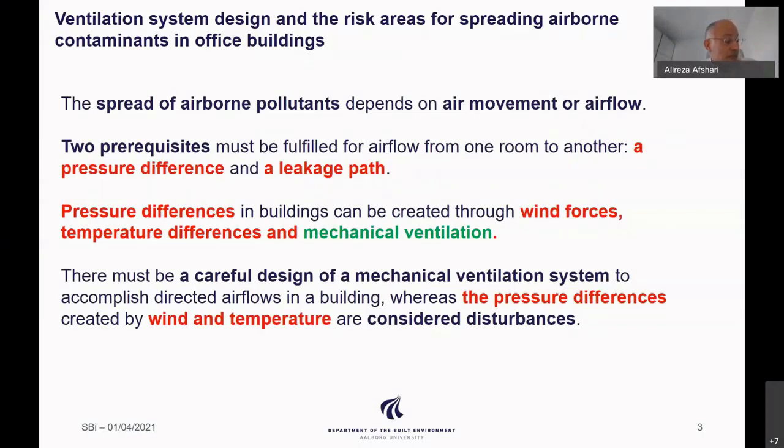Pressure differences in buildings can be created through wind forces, temperature differences, and mechanical ventilation. I would like to mention that there must be a careful design of the mechanical ventilation system to accomplish directed airflows in a building, whereas the pressure differences created by wind and temperature are considered disturbances.